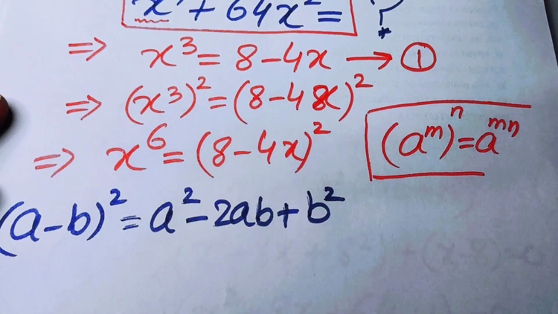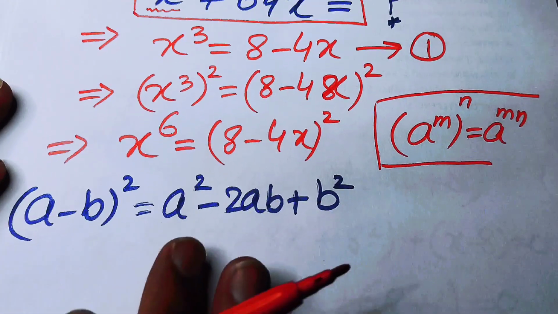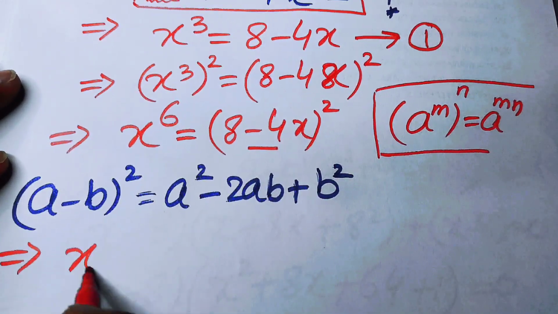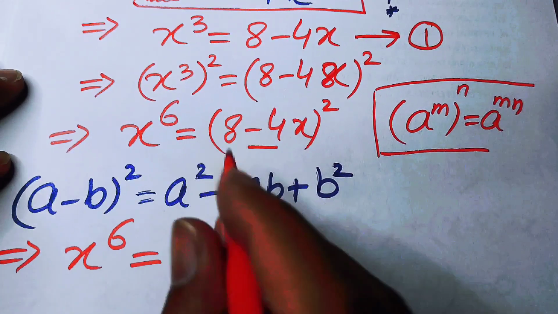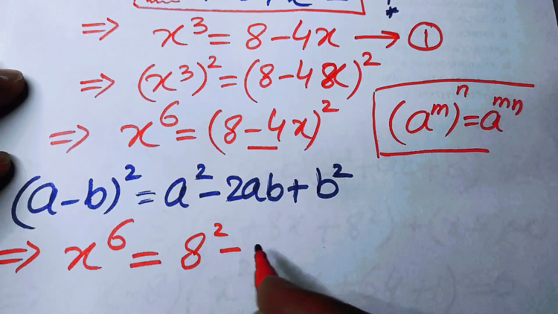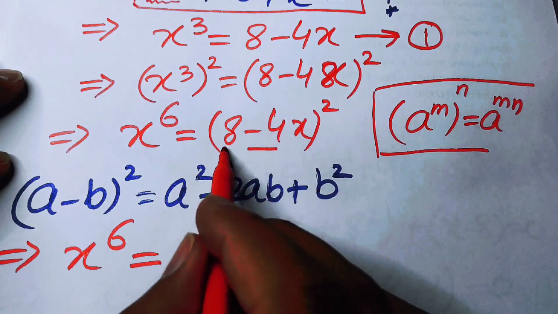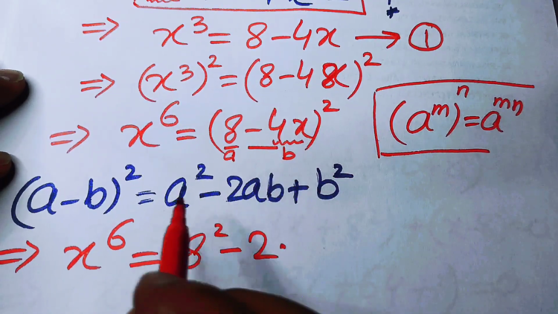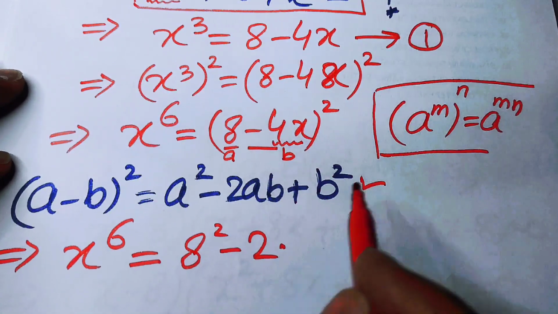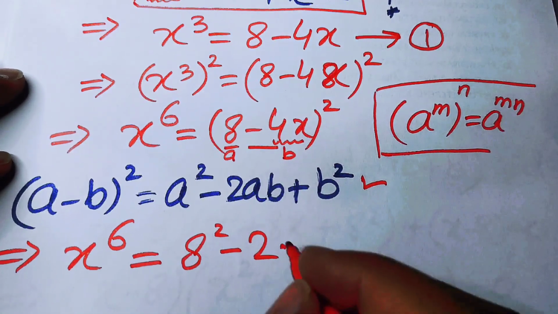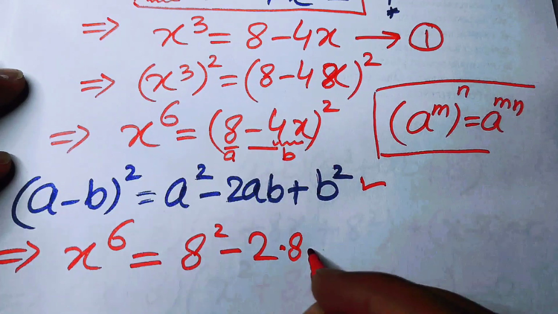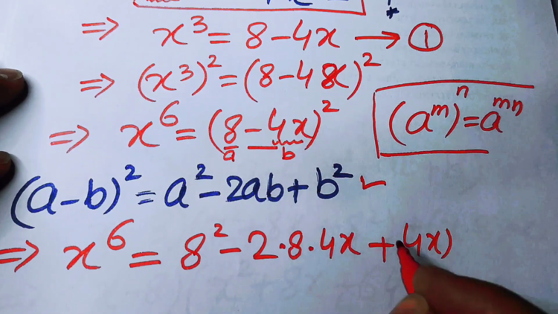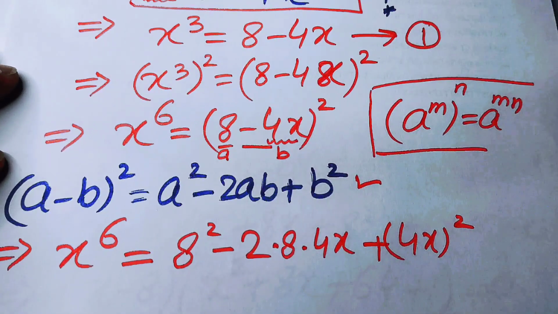Now we apply this formula, so this expression becomes x to the power of 6 is equal to 8 squared minus 2 times 8 into 4x plus b squared, and b is 4x squared.